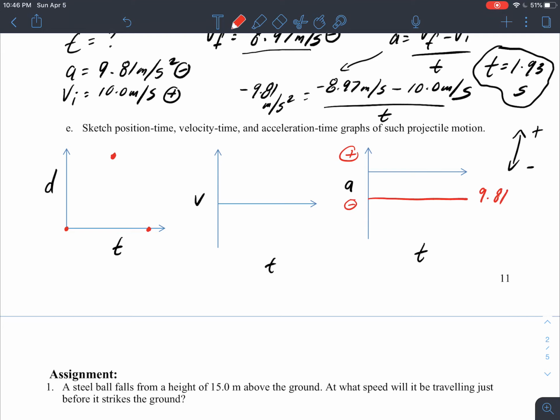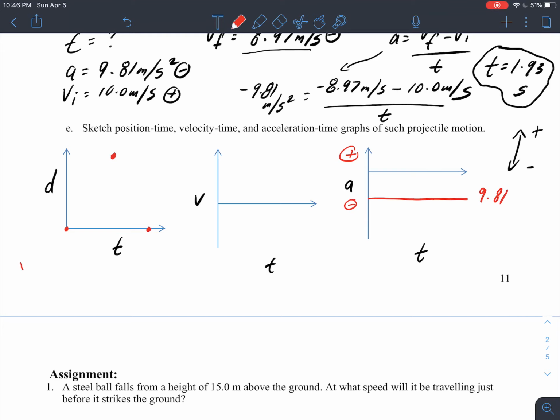Now you might be thinking, I should just connect the three dots with straight lines, but we can't do that, because we're not dealing with constant uniform motion. We're dealing with uniformly accelerated motion. So on the way up, our velocity should be decreasing due to gravity, and then on the way down, our velocity should be increasing.